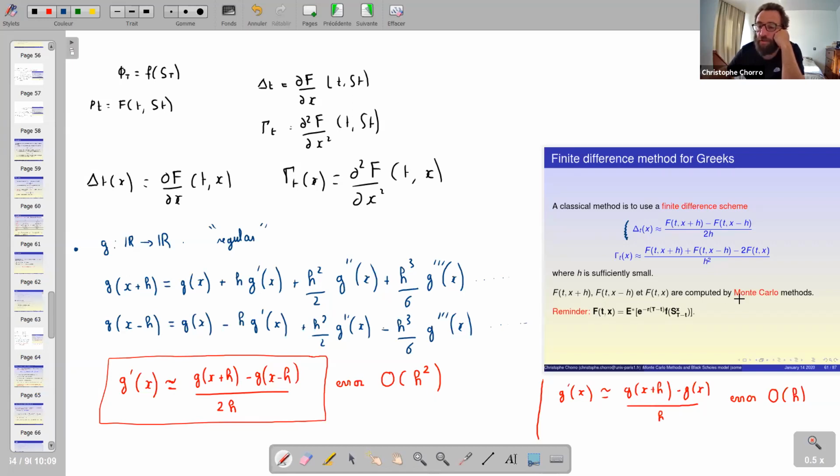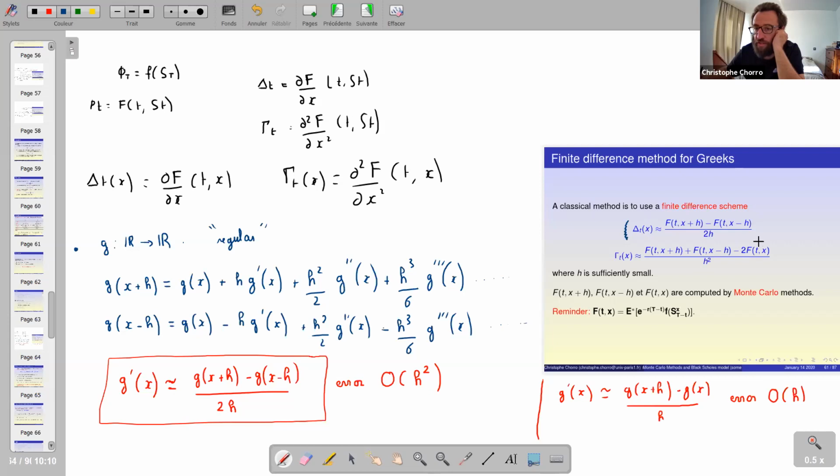So in the case of prices in the Black-Scholes model, approximating a price can be done only using Monte Carlo methods. If I want to approximate the Greeks, I have two approximations. One is to approximate a derivative by a finite difference, and then to compute the terms of the finite difference using Monte Carlo methods.